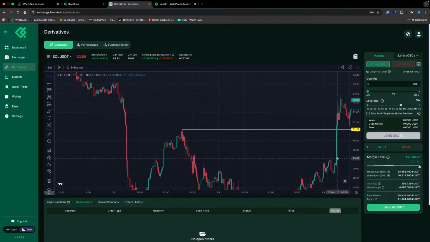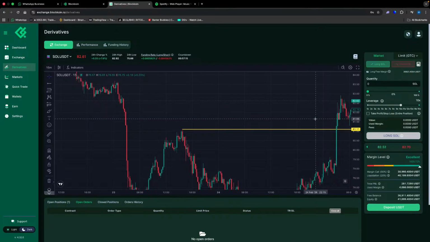We have broken above that resistance level and closed above it and showed momentum, meaning this is clearly a breakout. Ideally, a breakout should close outside the range, which it did over here with this candle. It should show momentum, which it did with this long candle as well as the following candle, and it should ideally hold above this resistance level, or if it was support, it should hold below that support level.